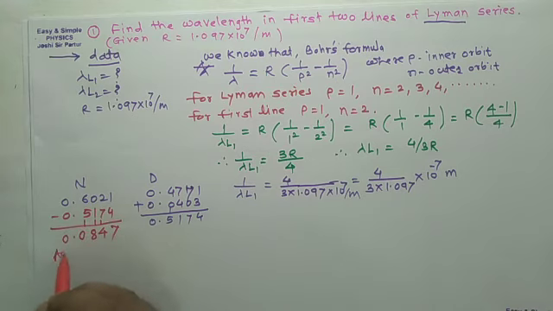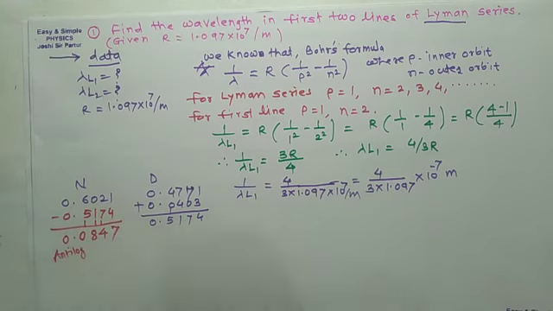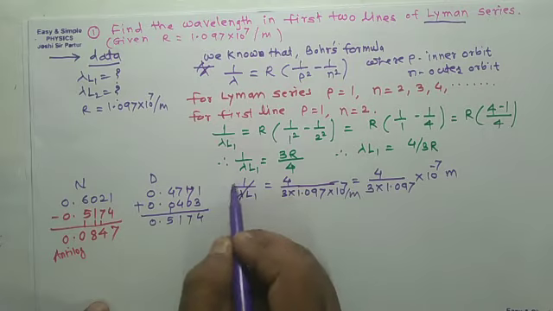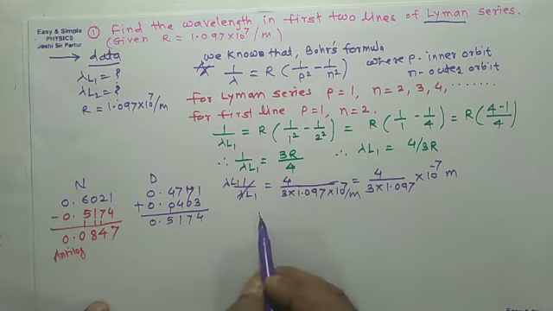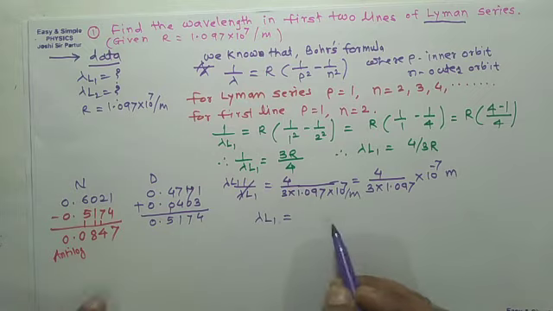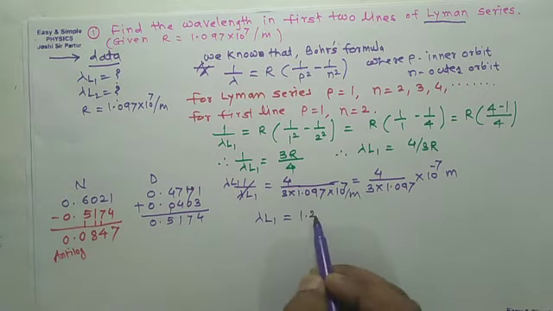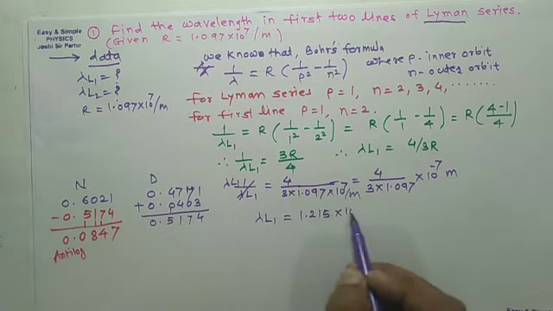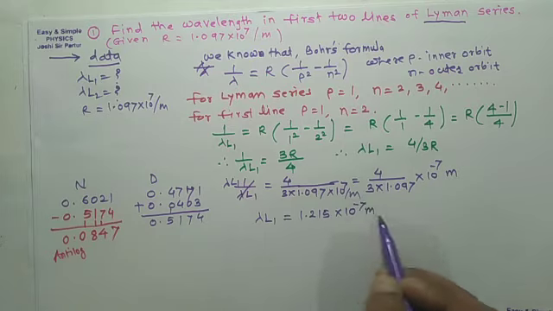So take its antilog. Antilog of 0.08 in 4, 7 is mean difference, so here we find lambda L1. So lambda L1 is equal to 1.215 into 10 to the power minus 7 meter.